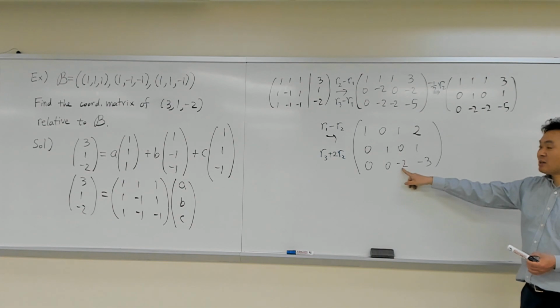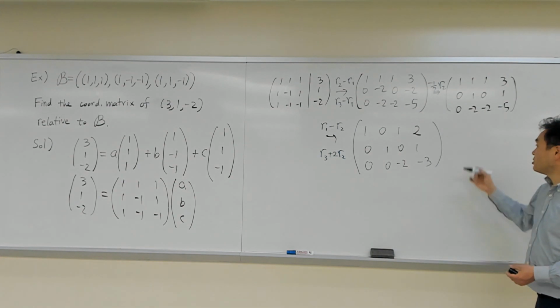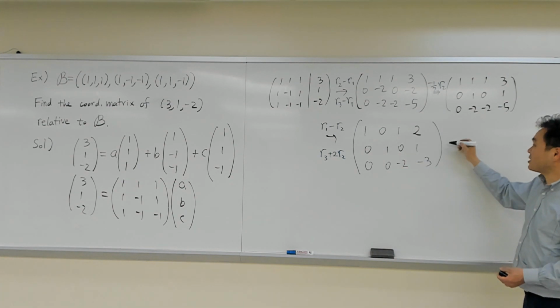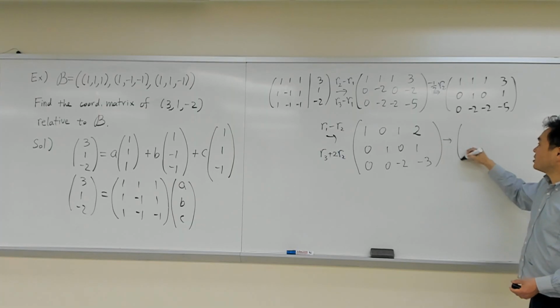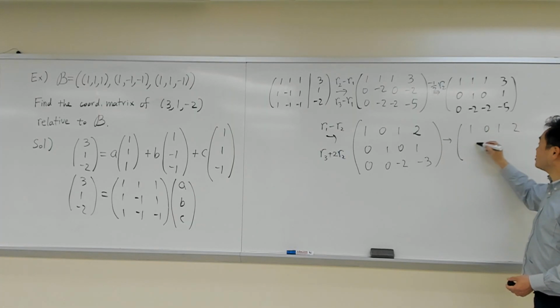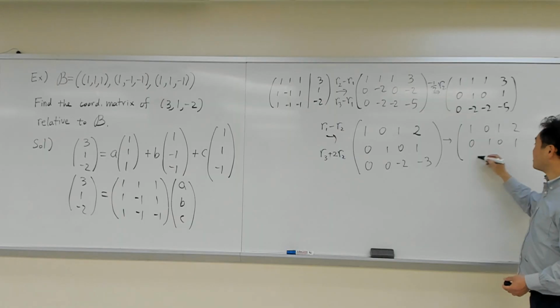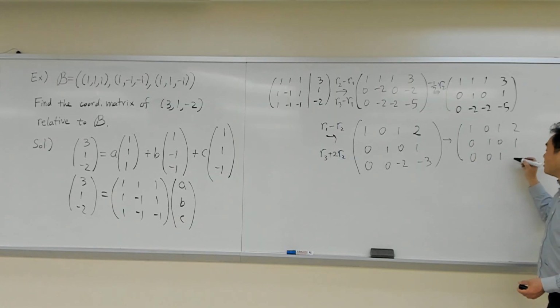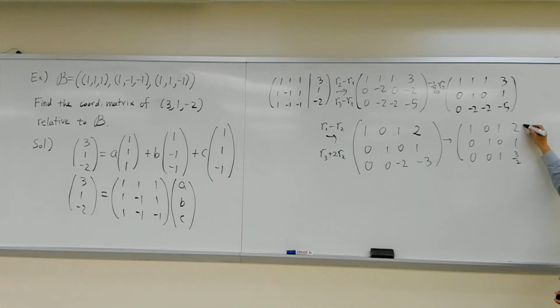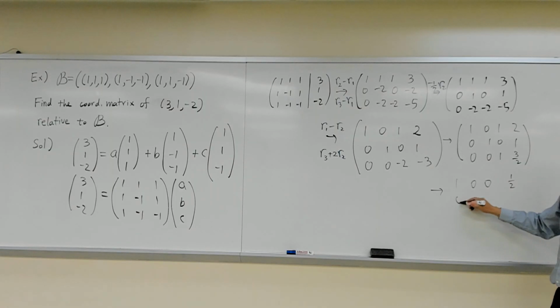So now you divide the last row by -2. The last row is 0, 0, -3, -2... you get 1, 0, 1, 2, 0, 1, 0, 1, and then 0, 0, 1, 3 over 2. Finally, if you subtract this off, you get 1, 0, 0, 1 half, 0, 1, 0, 1, 0, 0, 1, 3 over 2.